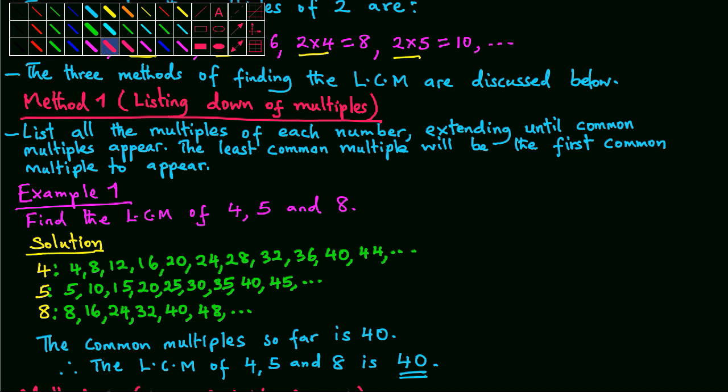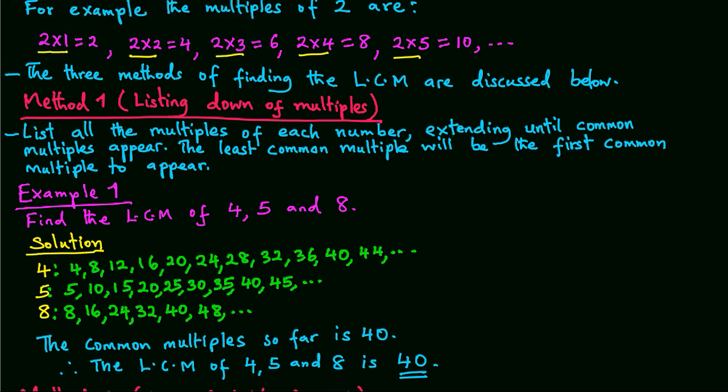And the multiples of 8 are 8, 16, 24, 32, 40, 48, 56, and so on. Now in this list, we realize that the common multiple is, in this case, only one multiple.